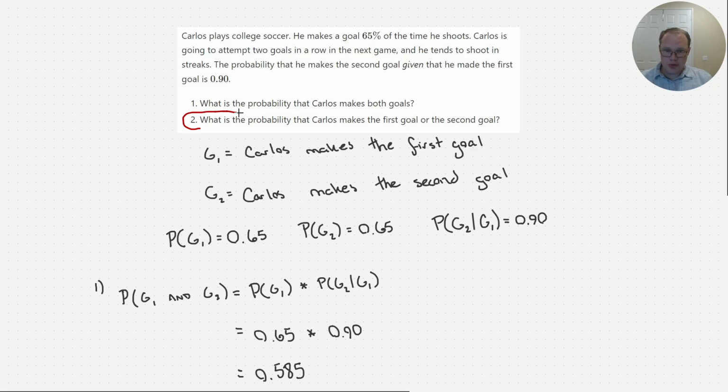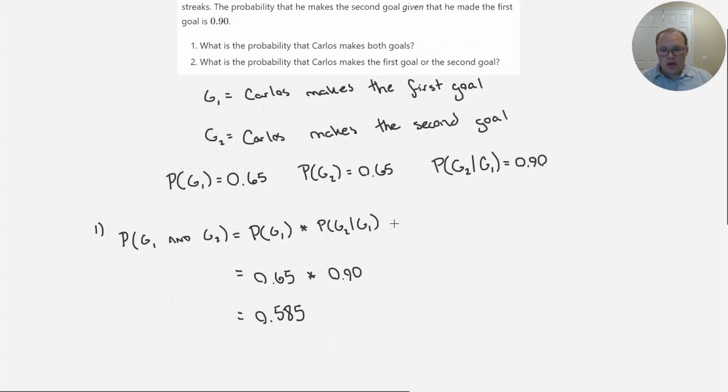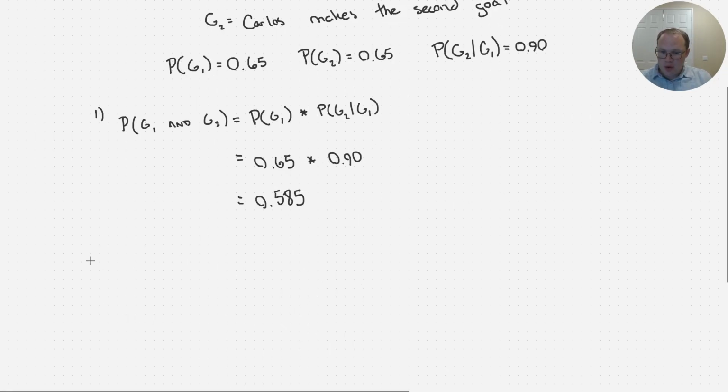Number 2. What is the probability that Carlos makes the first goal or the second goal? So mathematically, if we write that out, we get the probability that Carlos makes the first goal or the second goal. So this is a probability with the word or. And we just learned that in order to calculate a probability like this, we can use the addition rule.